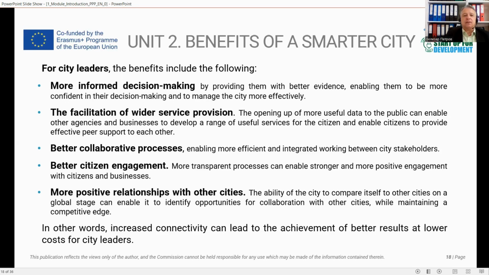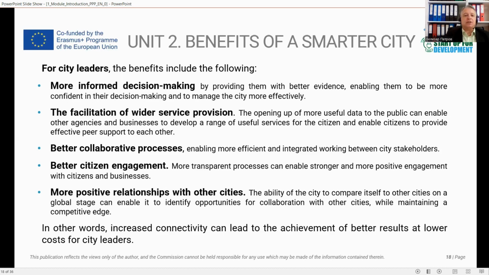Better collaborative processes, enabling more efficient and integrated working between city stakeholders. Better citizens' engagement: more transparent processes can enable stronger and more positive engagement with citizens and businesses.